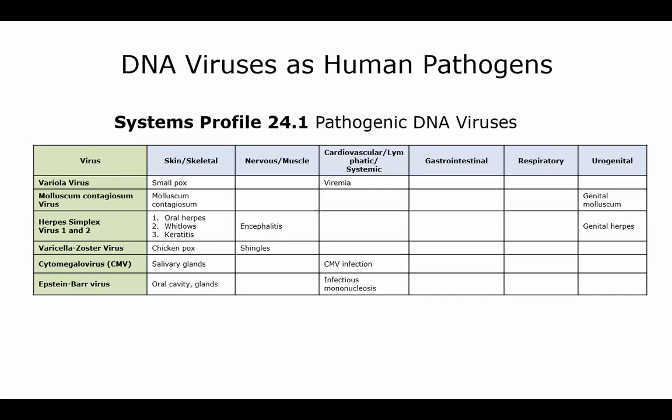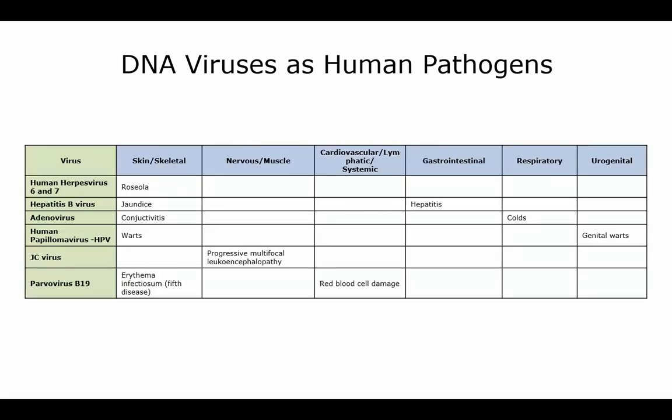I want you to notice the virus name and then notice some of the problems that they cause, like smallpox, oral herpes, chickenpox, shingles, infectious mononucleosis, genital herpes, jaundice, hepatitis, conjunctivitis, colds, warts, genital warts.